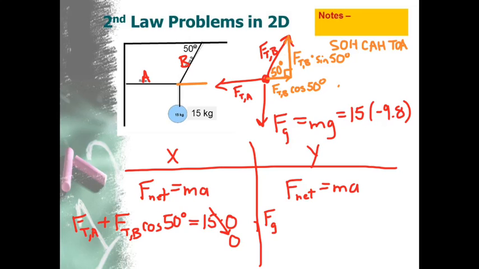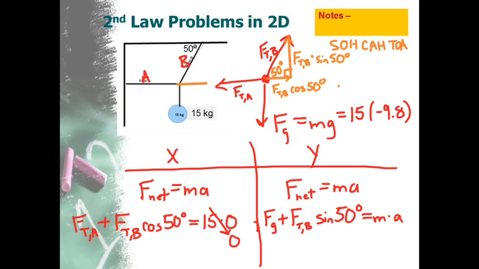And then I also, in the y direction, have the y component of this force. So I also need to include the force of tension in rope B times sine of 50 degrees. And that equals mass times acceleration.